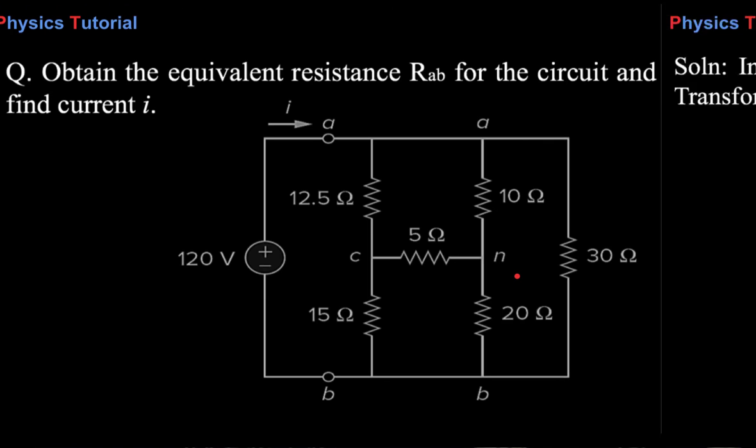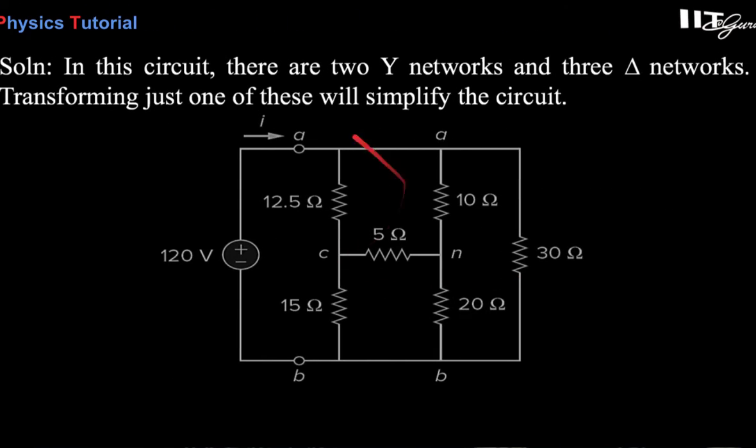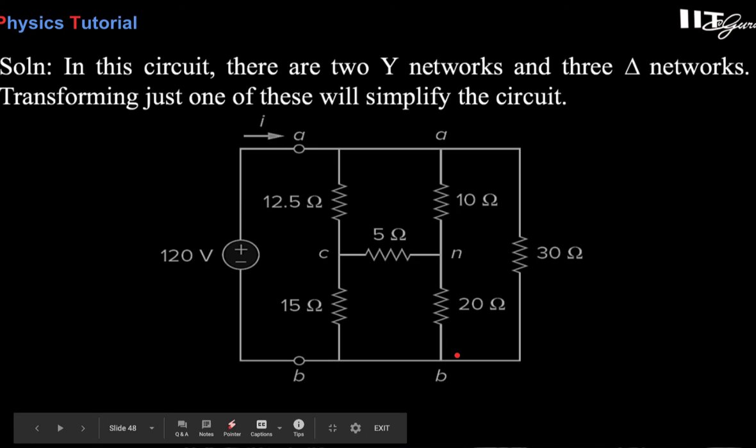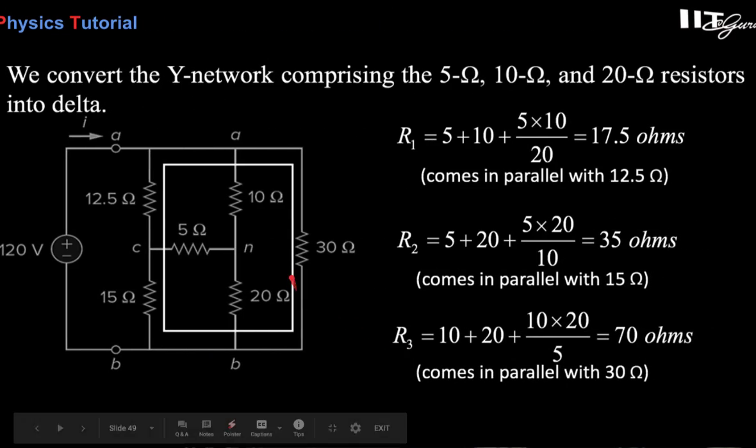Let's see. So here there are two Y networks and three delta networks, as you see over here. I'm going to convert this Y network 5, 10 and 20 into delta. If you convert this into delta, at this point A, C, B, what you will find is 5, 10 and 20.